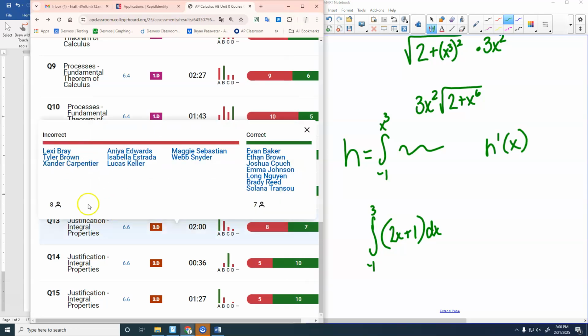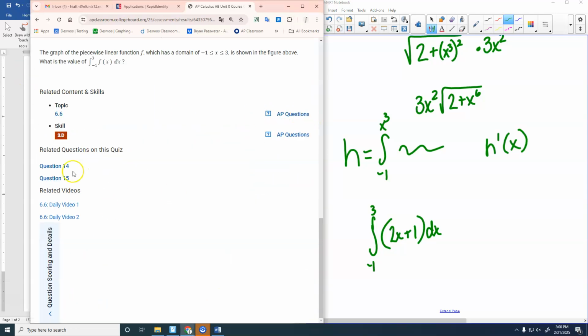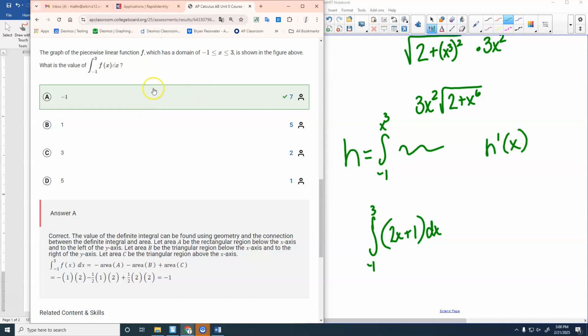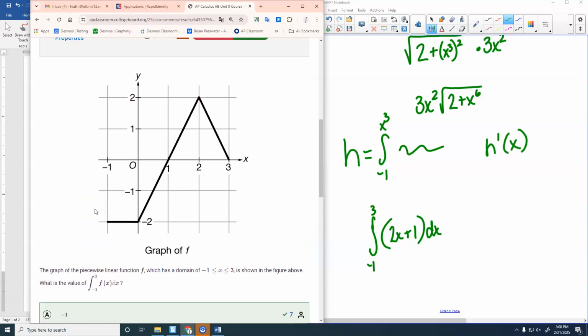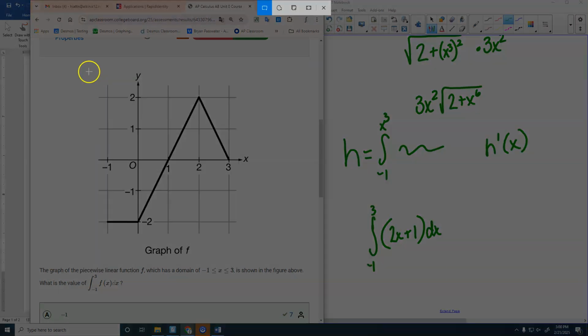Let's look at 13. So we've got this picture, and they ask us to find the value of the integral from -1 to 3. When we integrate, what does that look like on the graph?